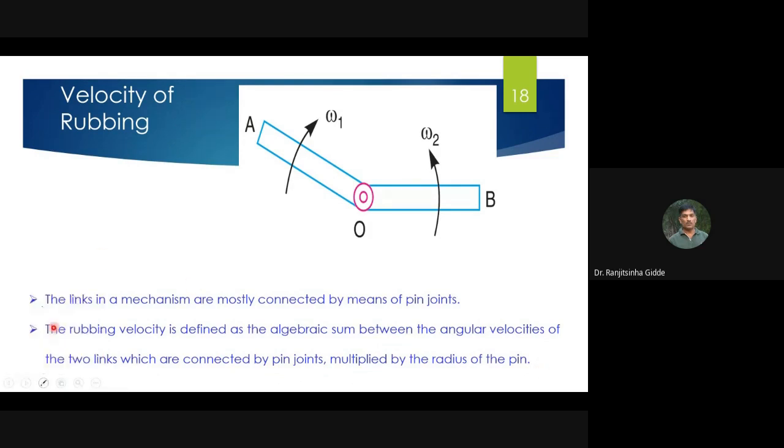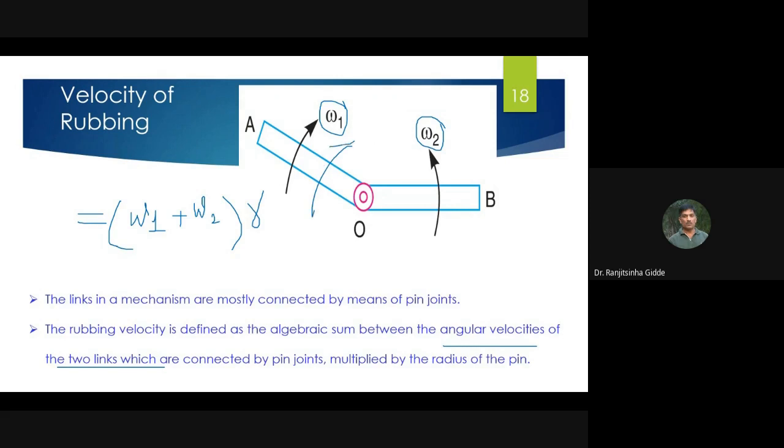So we can determine this rubbing velocity just by writing omega 1 plus omega 2 into this radius. Rubbing velocity is defined as the algebraic sum of the angular velocities of two links. This OA has omega 1 and OB has angular velocity omega 2.